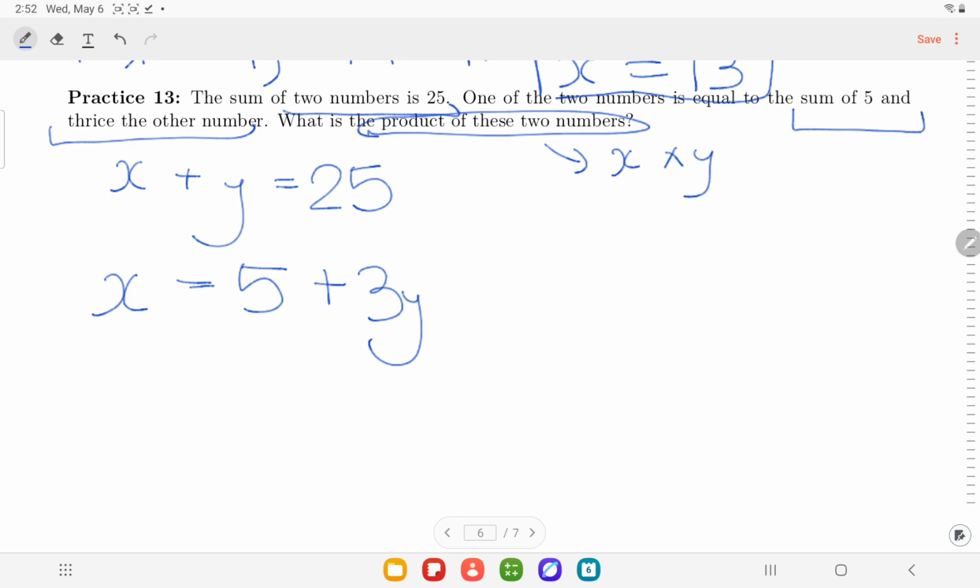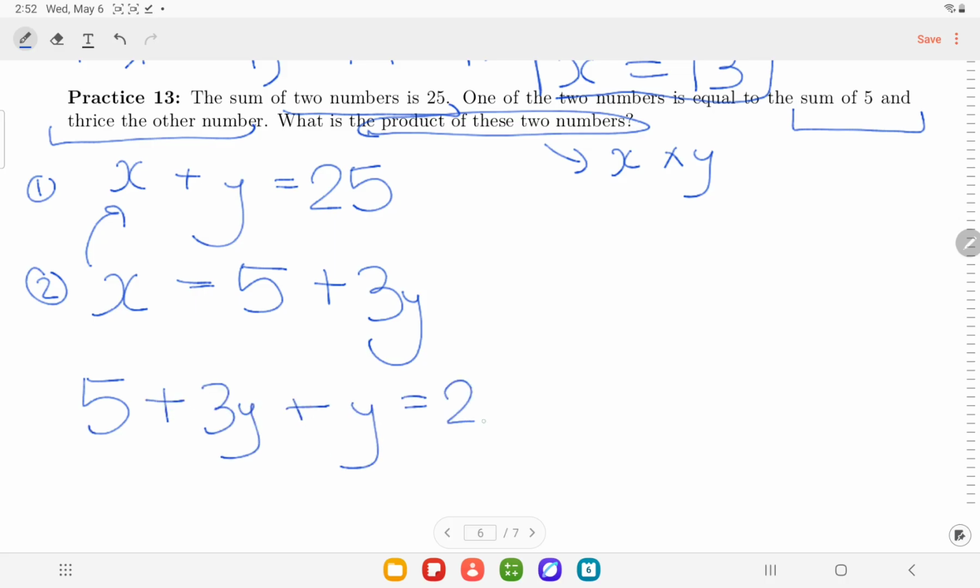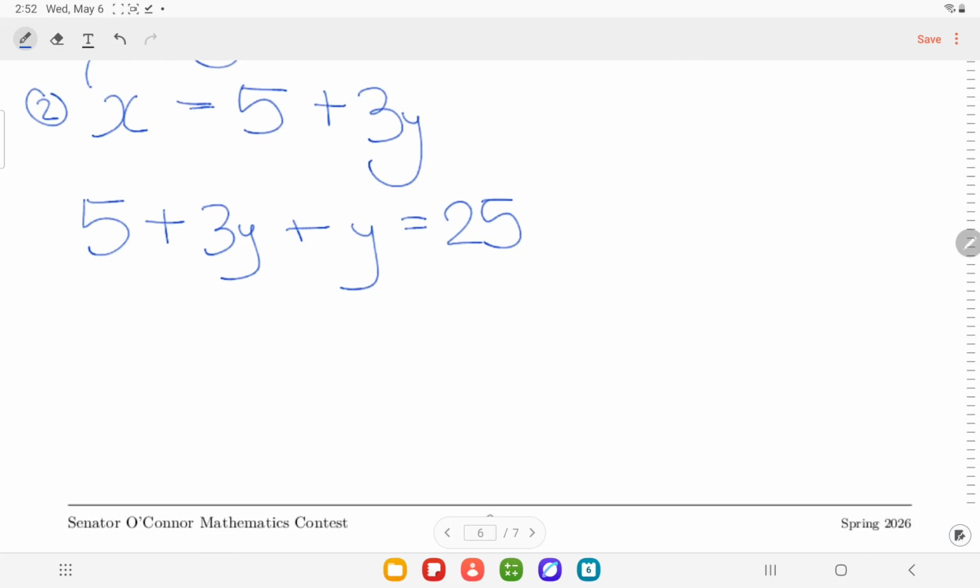So we can substitute this second equation here into the first one. So we're going to end up with 5 plus 3y plus y is 25. And these two are like terms, so we can add them together.